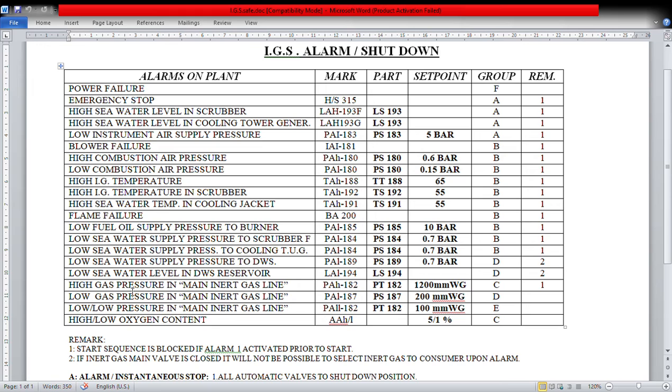And now low seawater level in the reservoir. What I didn't discuss is the deck water seal.